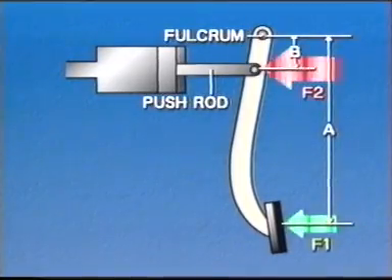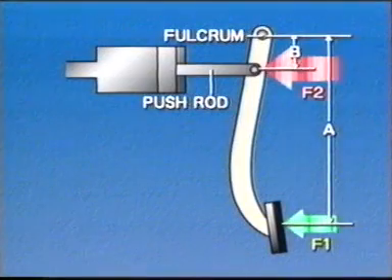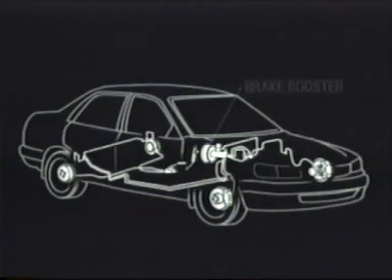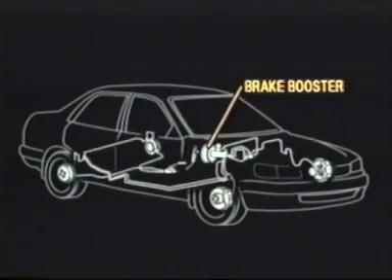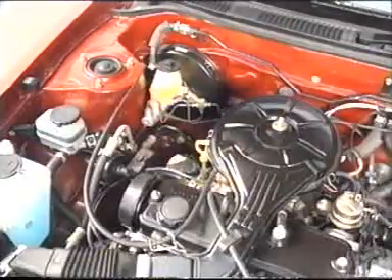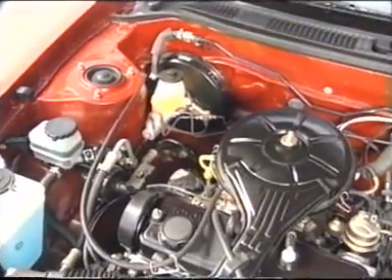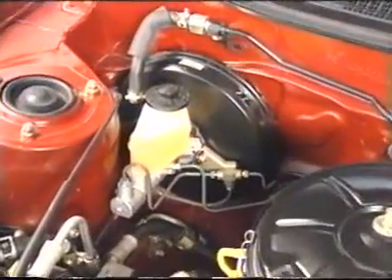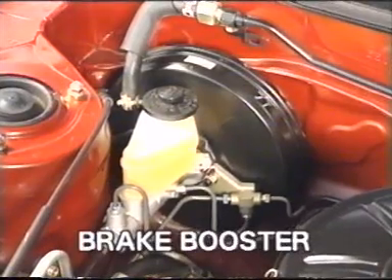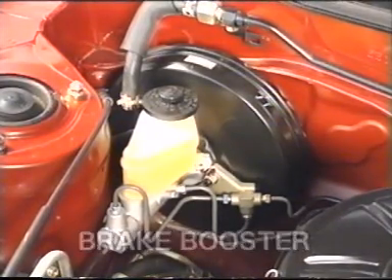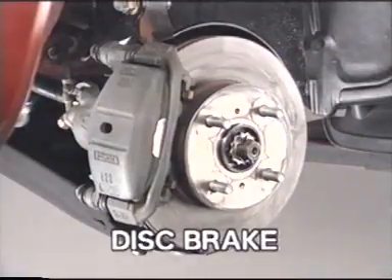When assuming that distance A is 5 times that of distance B, then force F2 will be 5 times the force of F1. The brake booster increases this force utilizing the atmospheric pressure difference. The need for brake boosters has increased along with the wider use of disc brakes without the self-servo effect.